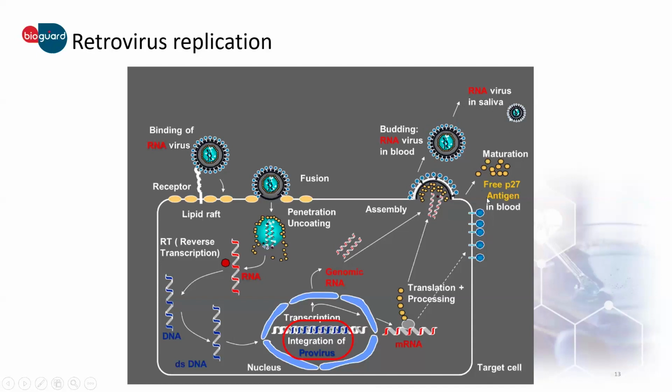At the same time, there is some free P27 antigen because they produce a lot of protein and some may not be assembled. Those P27 antigens will also be released into the blood circulation. This P27 antigen is what the rapid test, antigen test, or ELISA test detect, the free P27 antigen in whole blood, serum, or plasma.